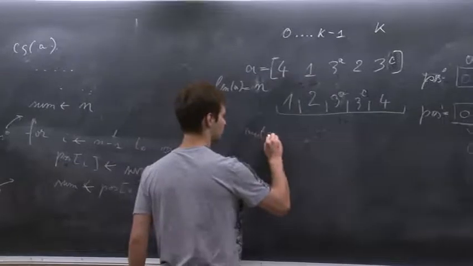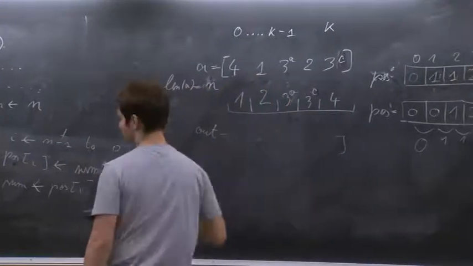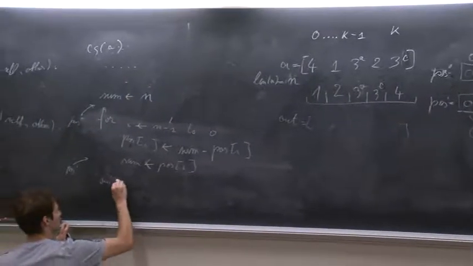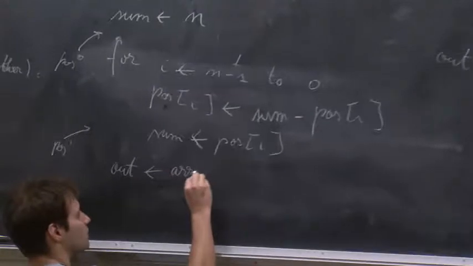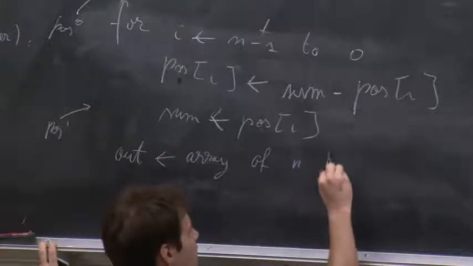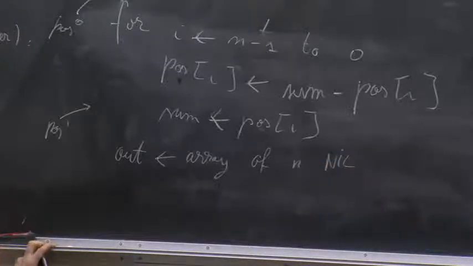So say we have an array called output, and this is going to have these keys in the right order. What's the pseudocode for that? First, I'm going to create a new array, and I'm going to initialize it with n nil values. Then what do I do?